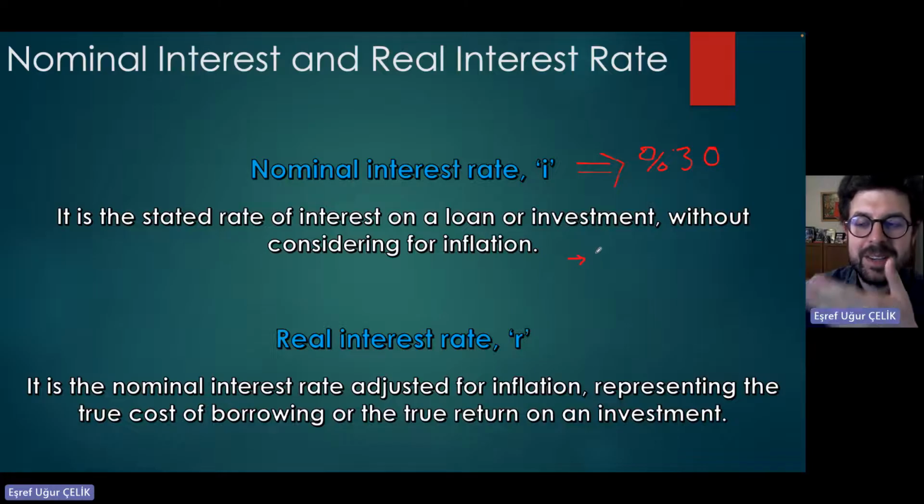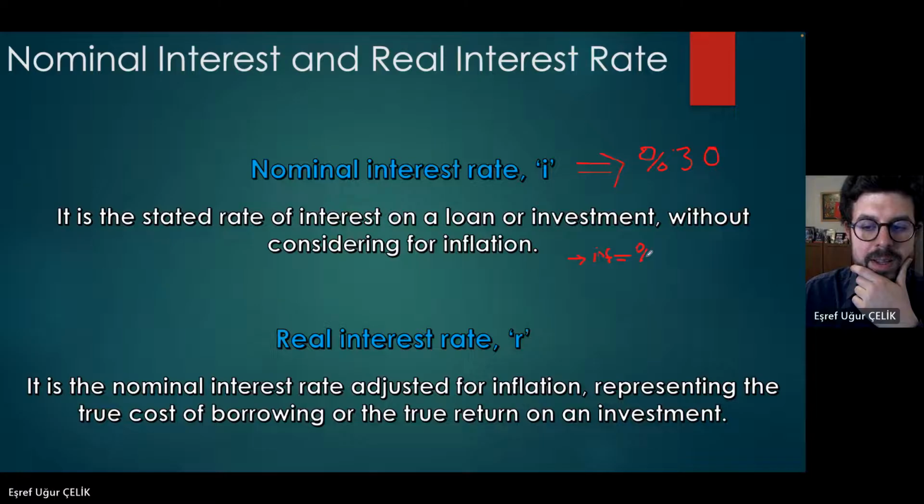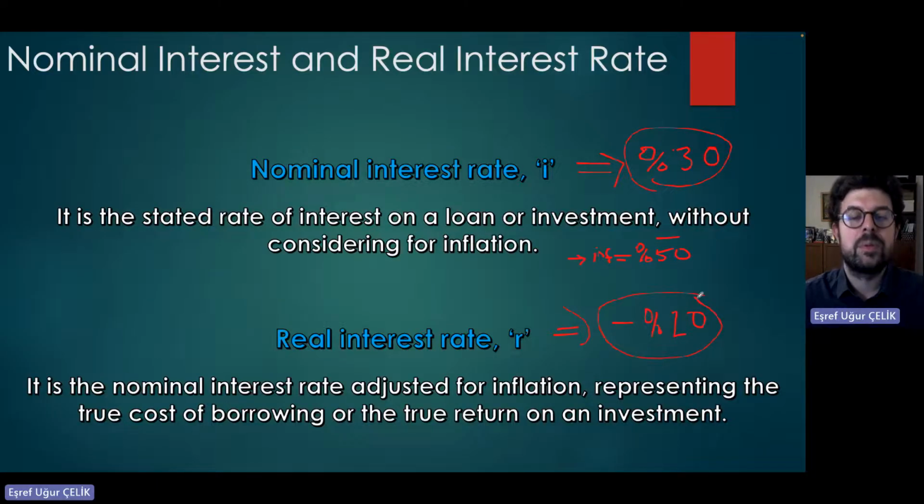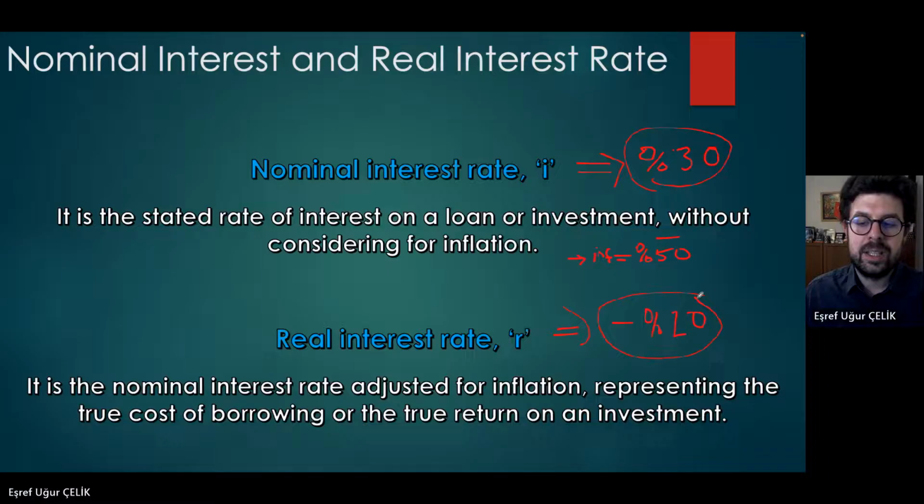For example, in Turkey, let's assume that the inflation rate or inflation expectation is 50%. So the real interest rate is that amount minus that amount, which is minus 20. That's why in Turkey few people put their money into deposit accounts, because you see your purchasing power becomes lower by putting it in a deposit account.